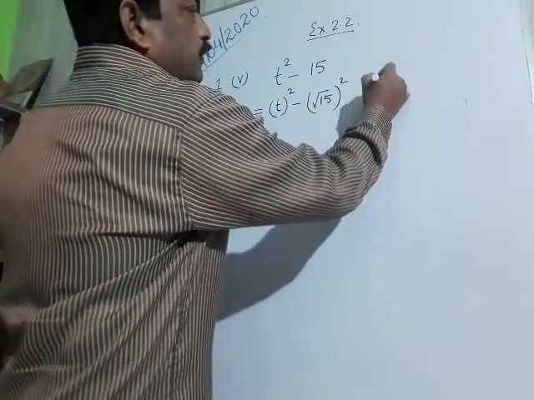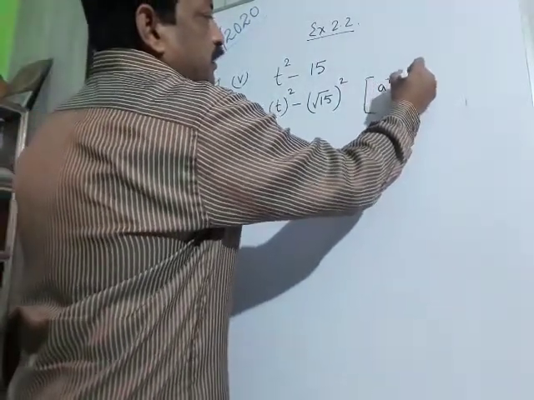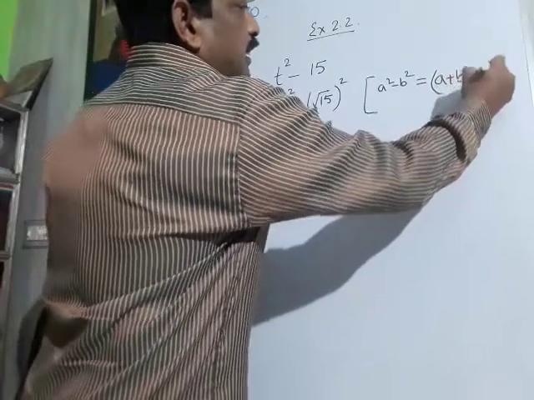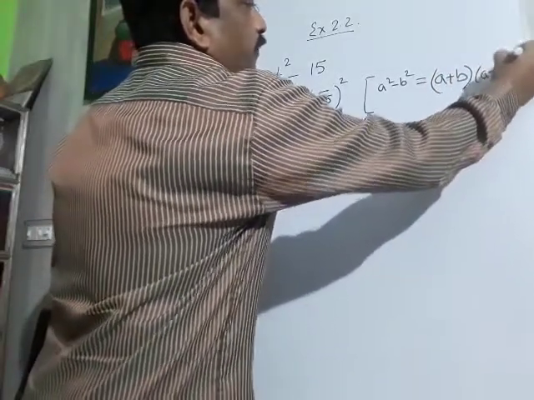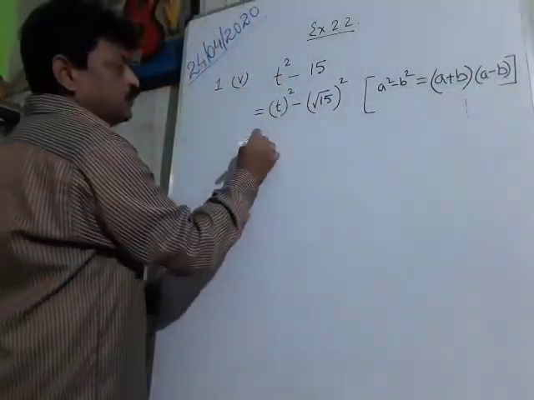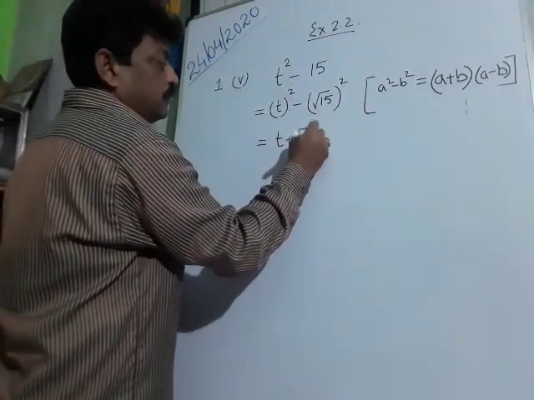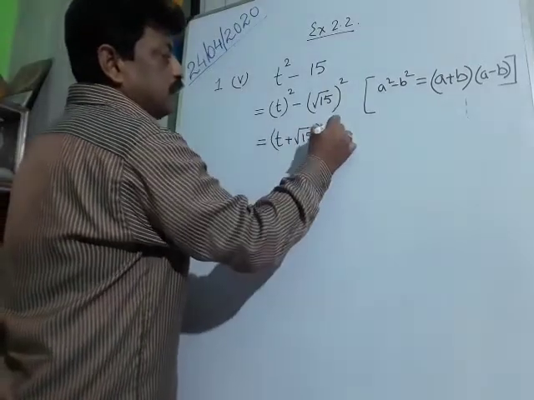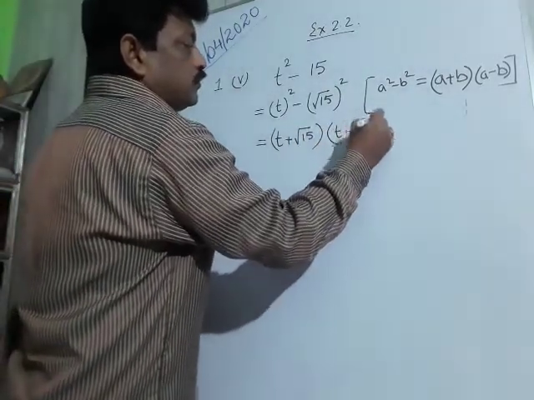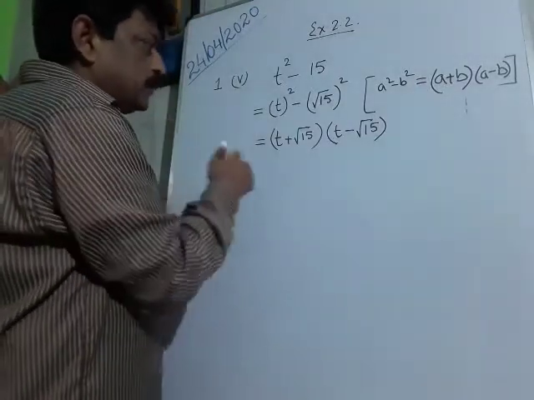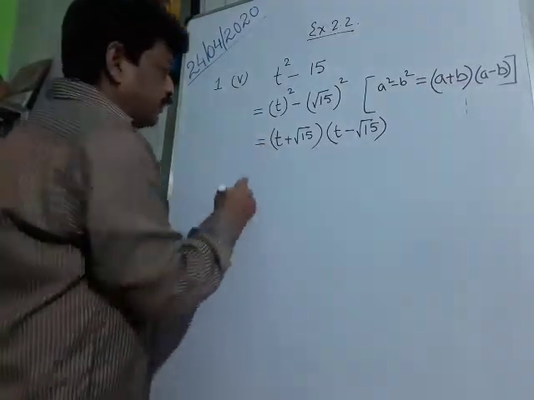We all know that a square minus b square is equal to a plus b into a minus b. So here also it will be written as t plus root 15 and t minus root over 15. So we have got two factors here.